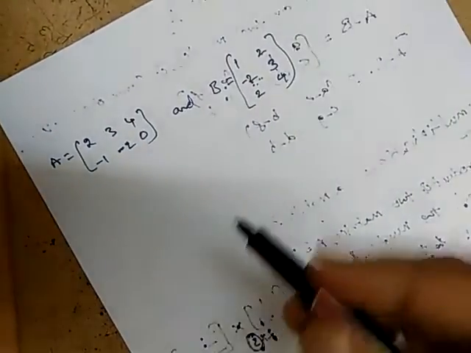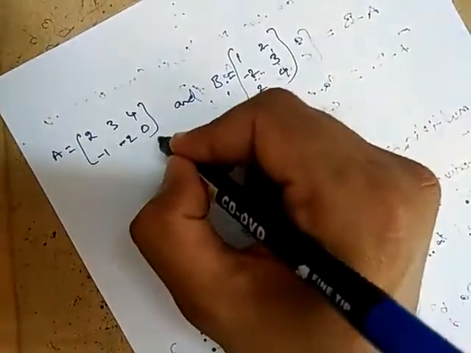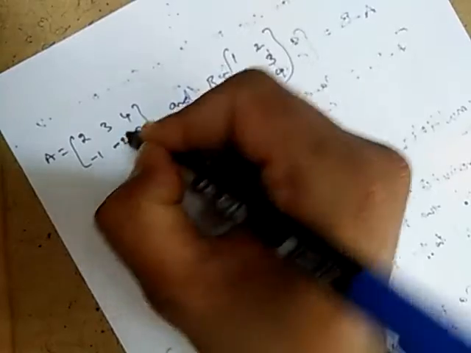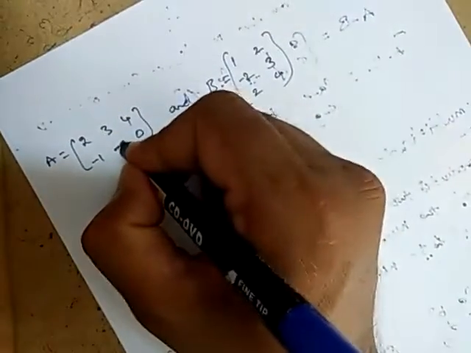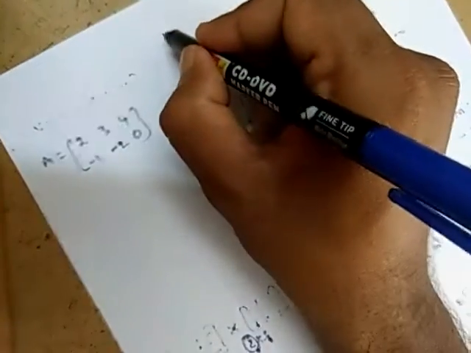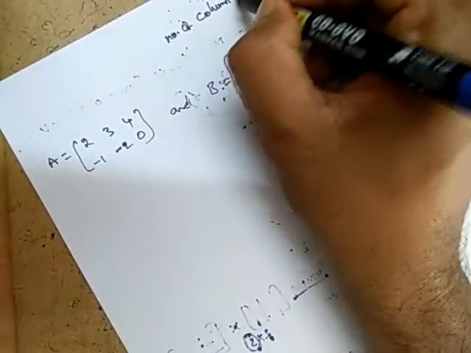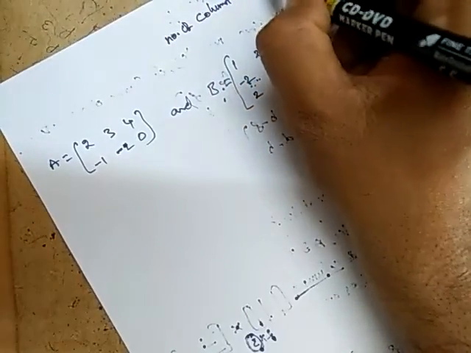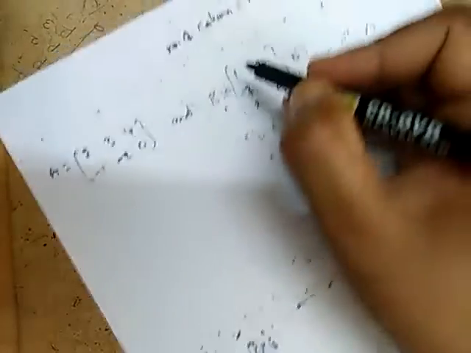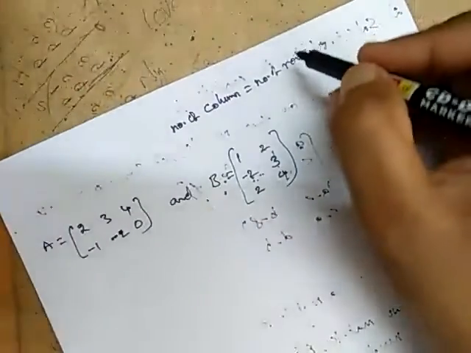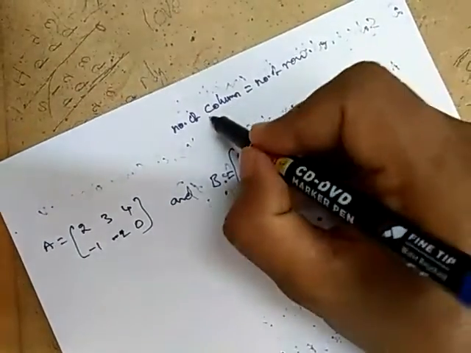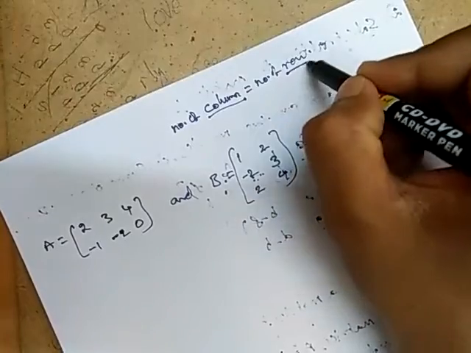I am taking these two matrices. Now, if you want to multiply these two matrices, you have one condition, that is the number of columns is equal to the number of rows. You check whether this condition is satisfied or not.